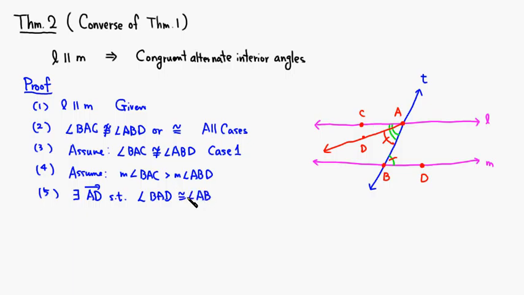Actually, sorry, D is already used, so I have to use something else. This should have been E. So it's ray AE, and angle BAE is congruent to angle ABD.